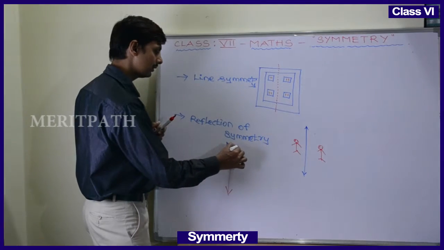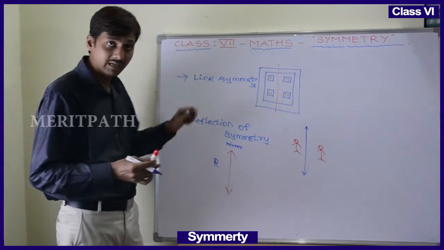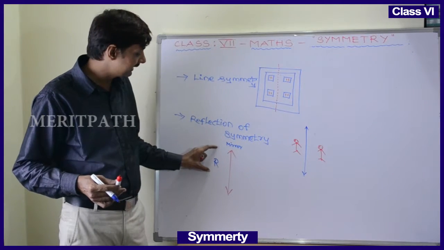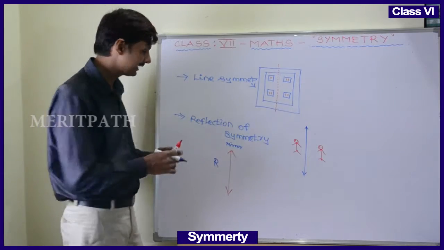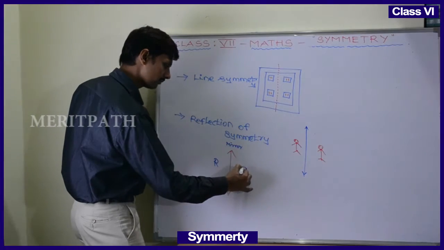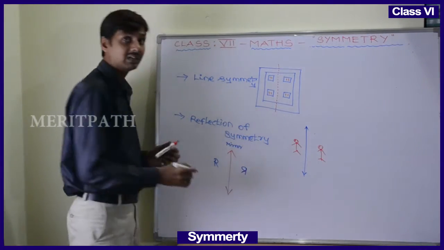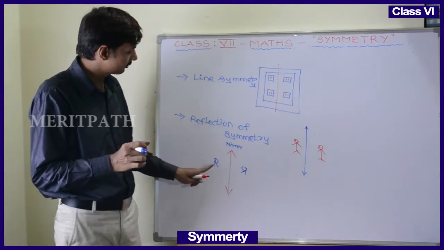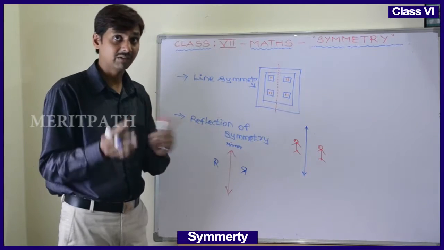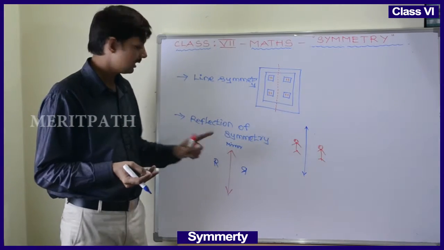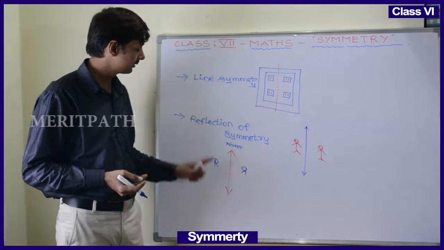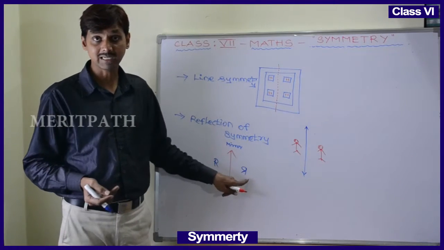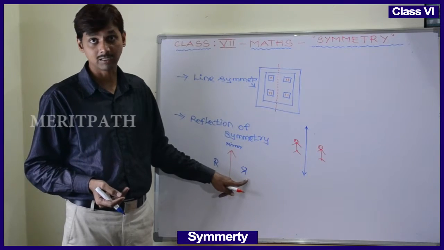If we write R and place R in front of the mirror, this is the actual image, and we see this object in the mirror. It looks just opposite to that. So it looks reversed, and this is the reflection of the object. This is the actual object and this is the reflection of the object in the mirror.